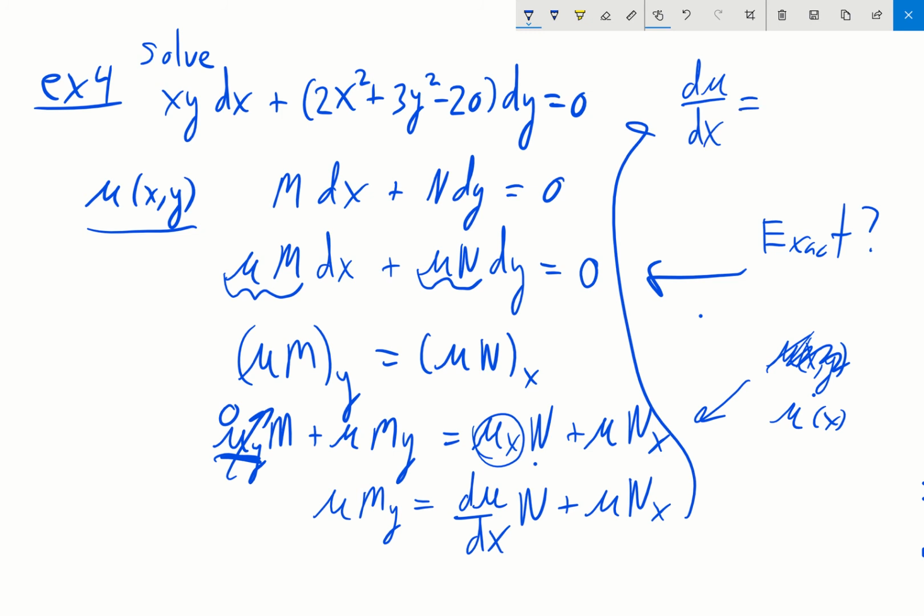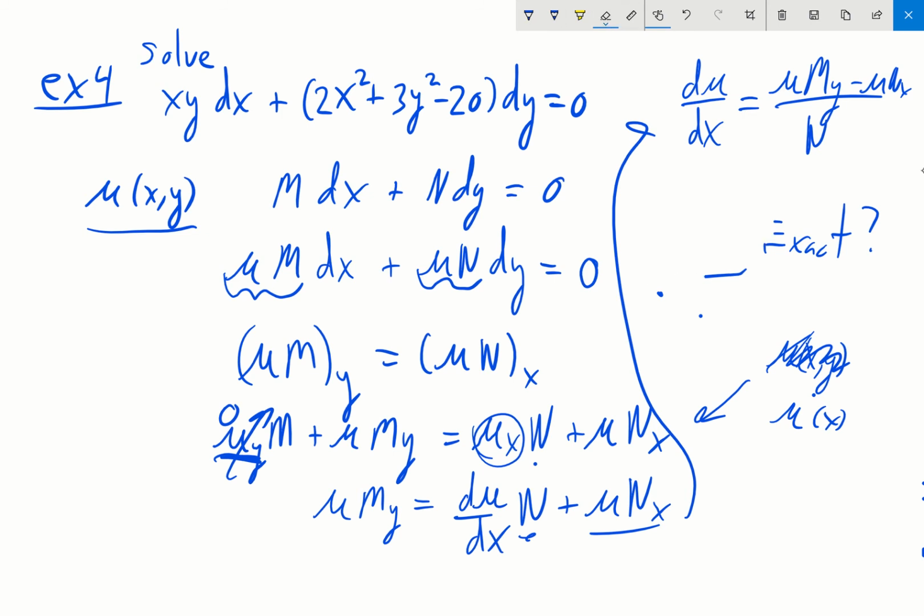And now we could actually solve this for d mu dx. A little bit of algebra. We have mu M_y. I would take this term to the other side, so that would be minus mu N_x, all divided by N. There we go. And now, this equation is solvable.